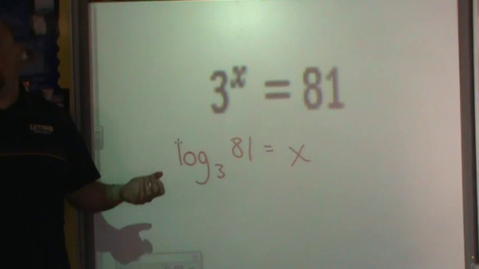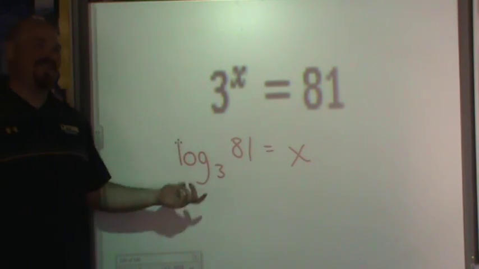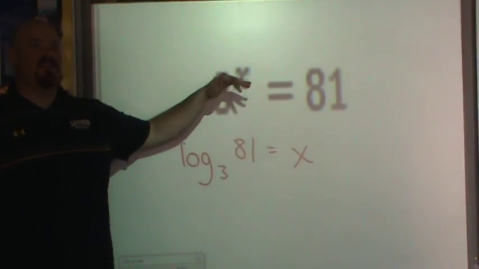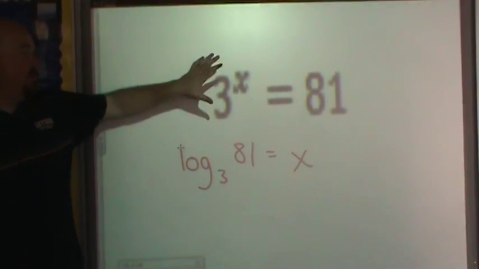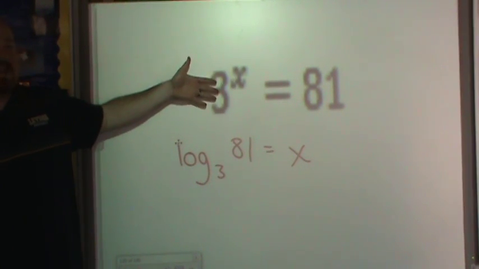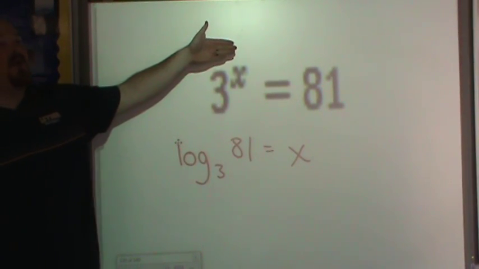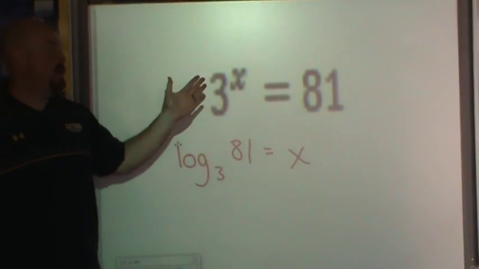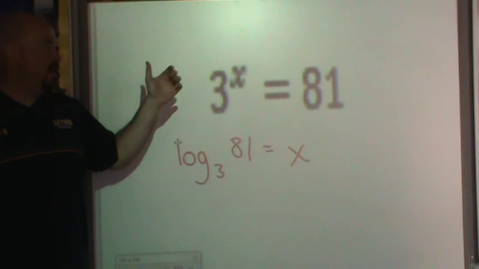It's the inverse of that exponent, but it is an exponent in and of itself. So when you look at this and ask what it means, you're saying 3 raised to some power has to be equal to 81. I think everybody understands that notation.